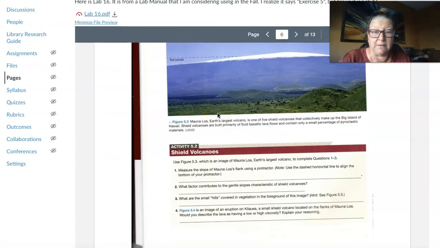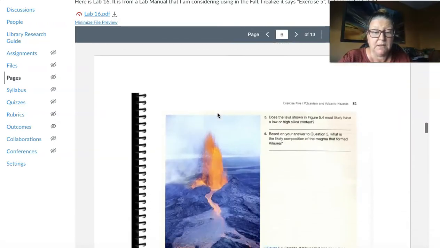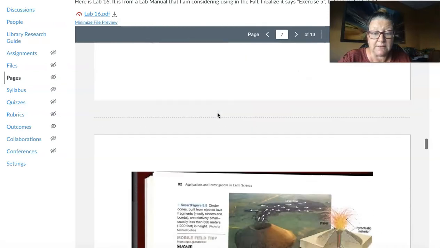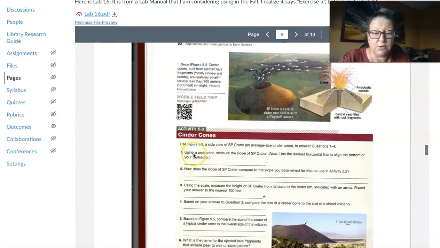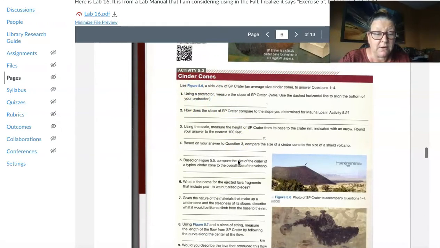You could make sure that I am accurate. As we go down and look at cinder cones, they ask you to use a protractor and do the same thing with SP crater. And that's down here. There's a horizontal line right here, and then it's this slope. So what you can see is if you do this angle, it's going to be greater than 90.